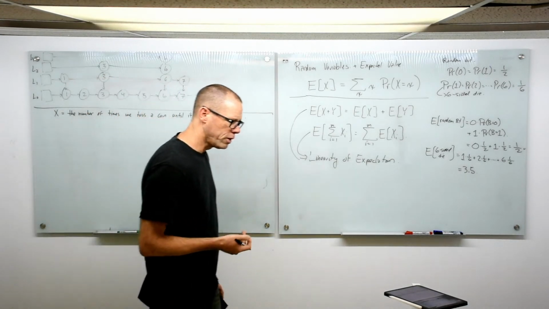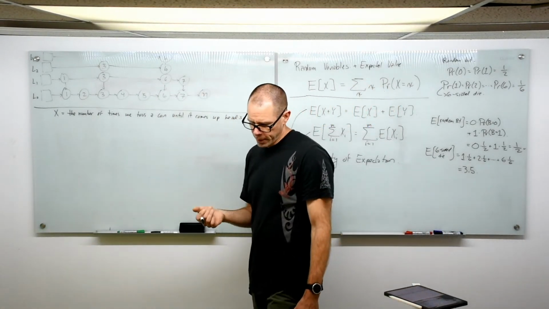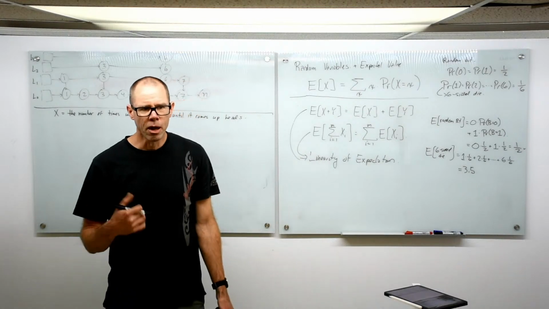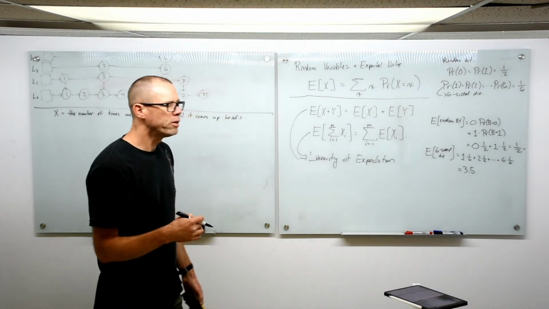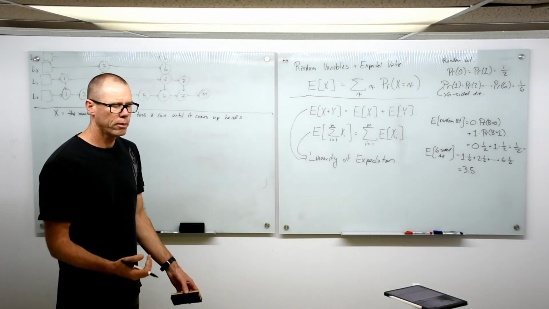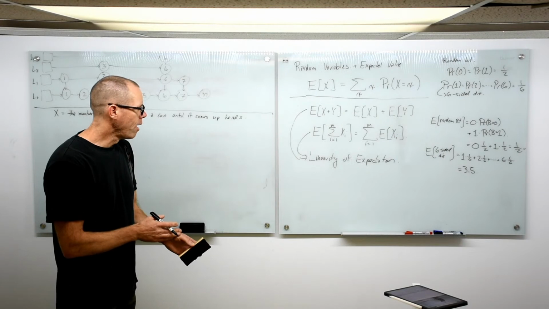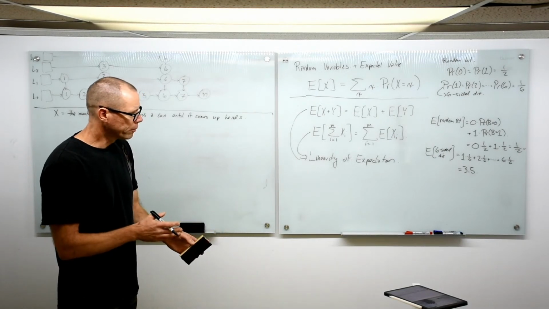So imagine we do this experiment. We toss a coin. If it comes up tails, we toss it again. We keep doing that until the first time it comes up heads, and then we stop. And now the number of those coin tosses is going to be an integer.